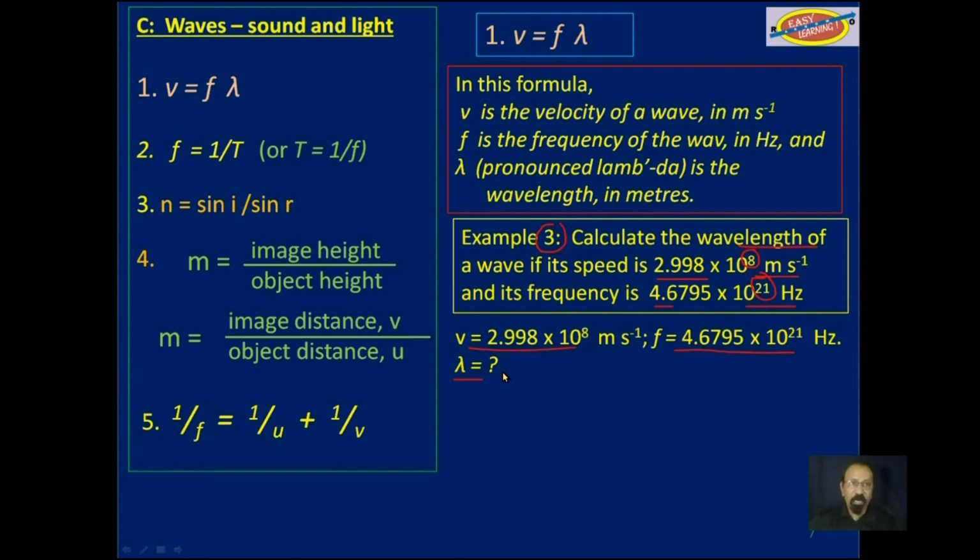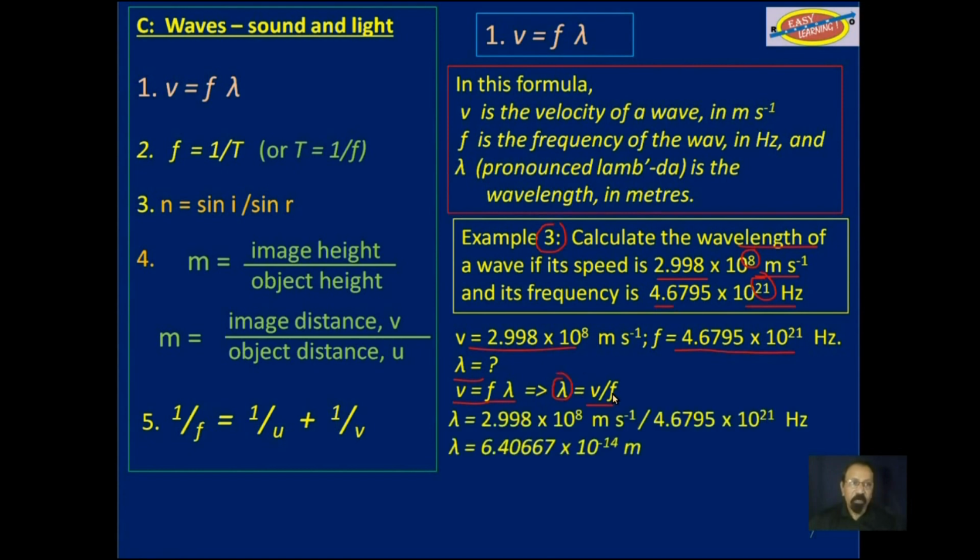We are asked to find its wavelength. Our formula says V is equal to F times lambda. We want to find lambda, so that will be V over F. We substitute the numbers we are given and we get an answer that says 6.40667 exponent negative 14 meters.